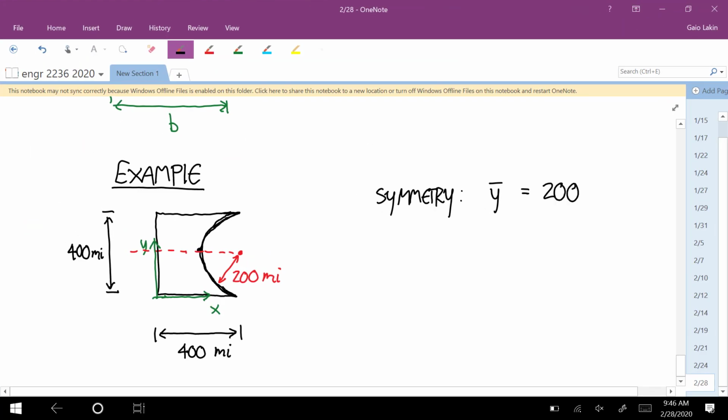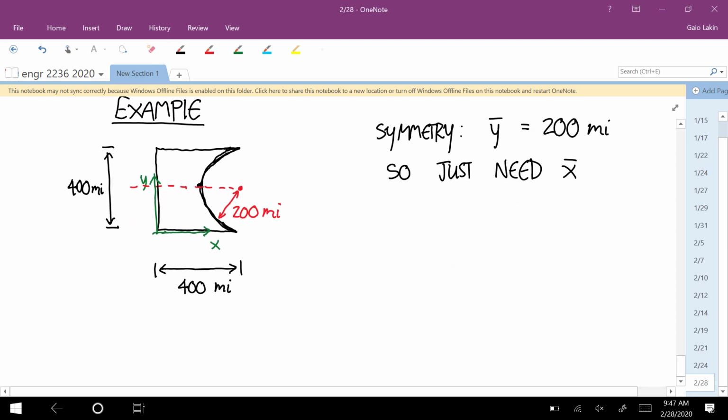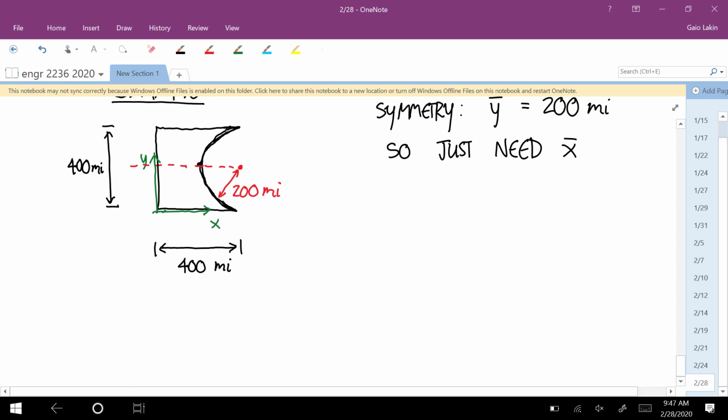Okay, so y bar is 200 miles. So all we need to calculate is x bar. And the way we're going to do that, we're going to think of this as a square with a semicircle removed. So for the square, x bar is 200, right?